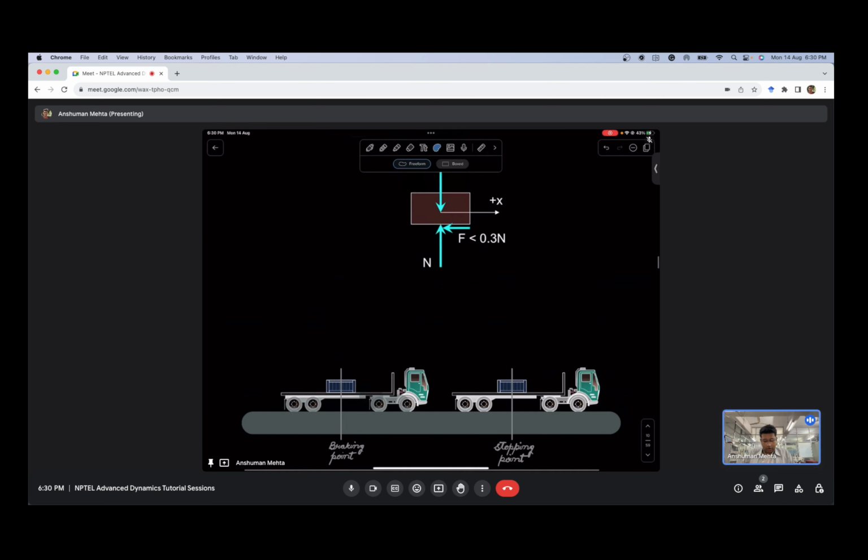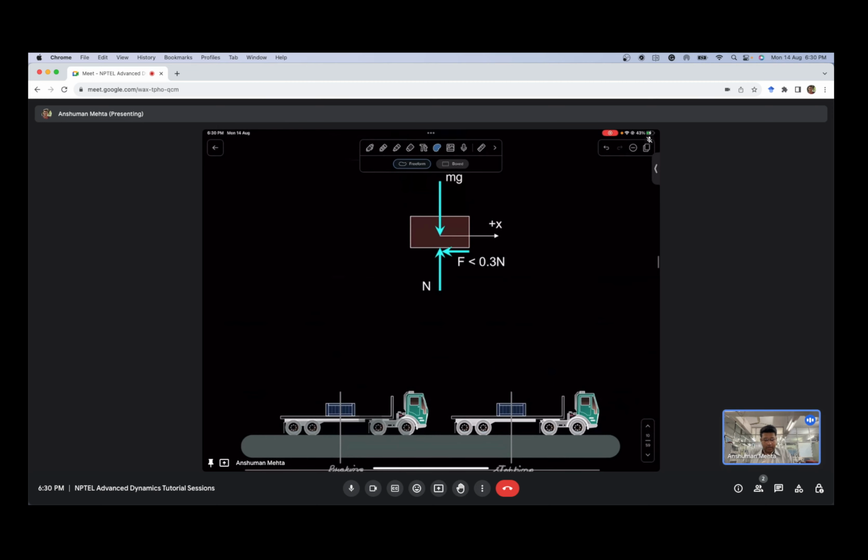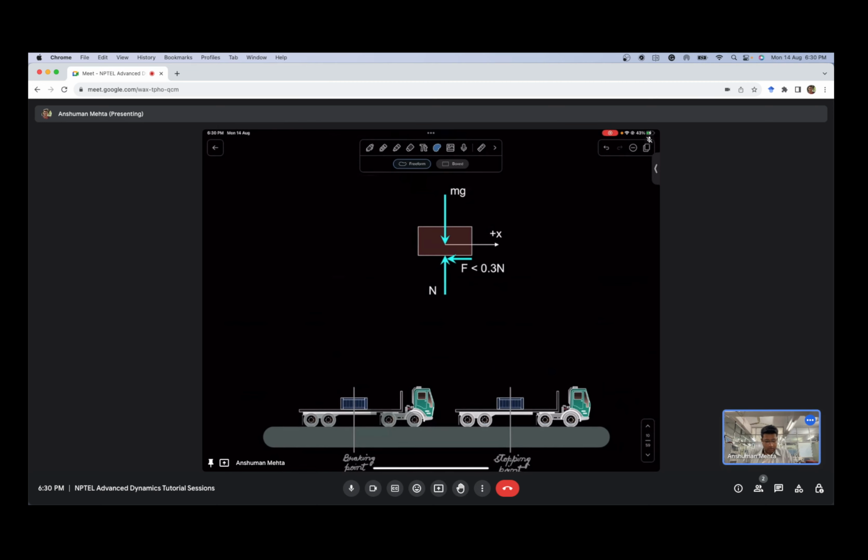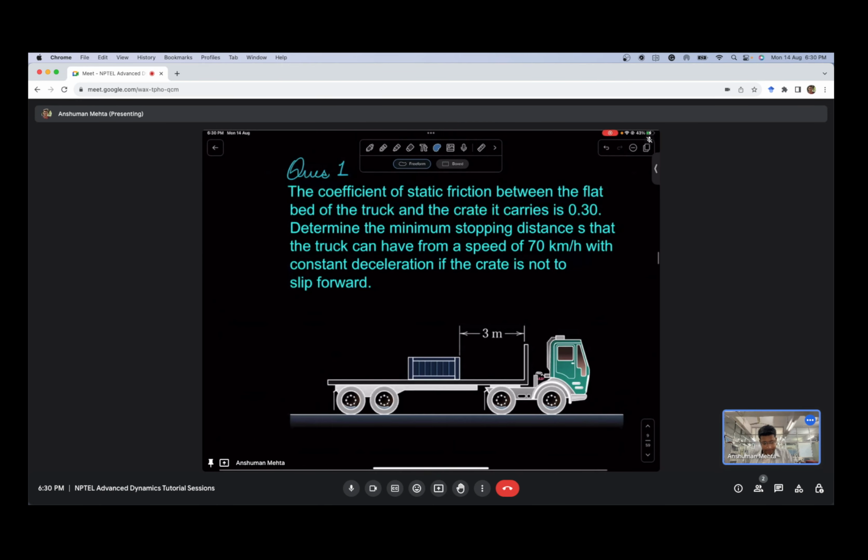Now if we draw this truck as an FBD, we will have this. Now the condition is that the crate is not to slip.